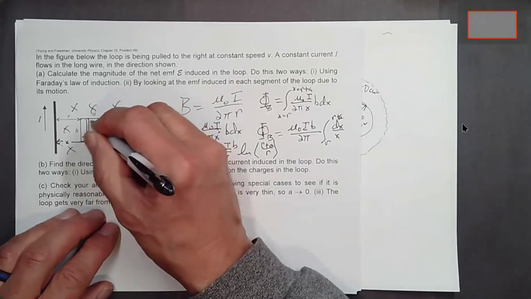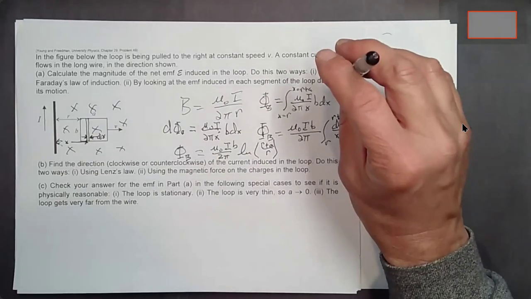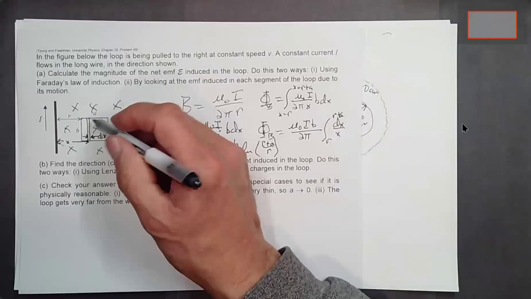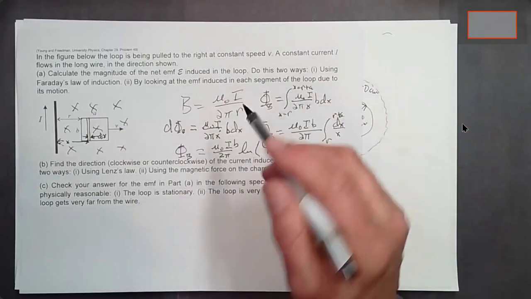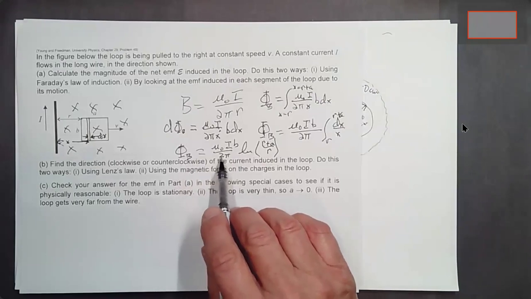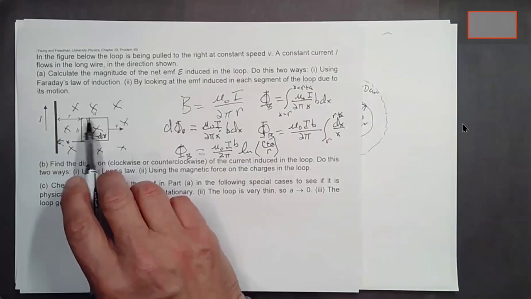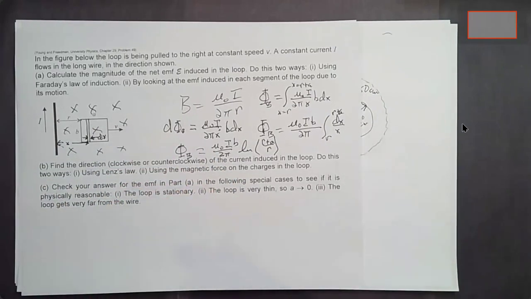If I just consider this square area and imagine integrating it, the induced EMF is going to be the time rate of change of this thing. Now, that won't give me the electric field at any given point.